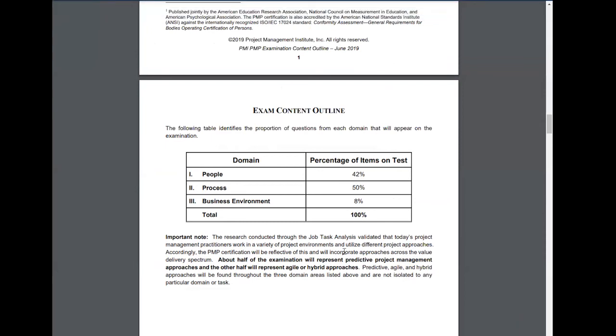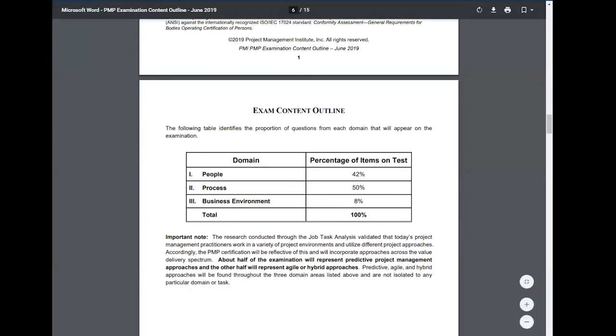Mas shorter na, sir, pag nagkataon? Hindi naman shorter dahil parehas lang ang items, kinumpres lang nila yung ibang topics. Pero I think advantage sa inyo dahil more on agile ito. May 50% yata yung agile or hybrid approach.